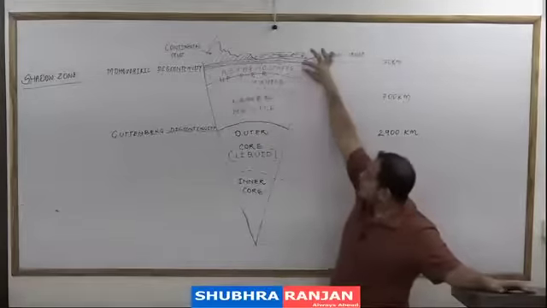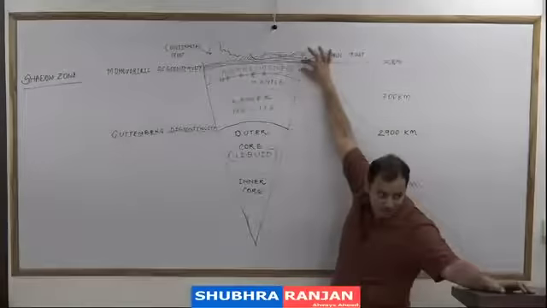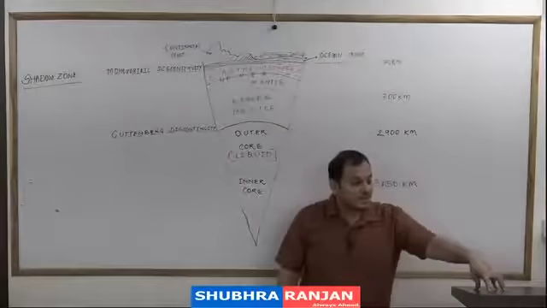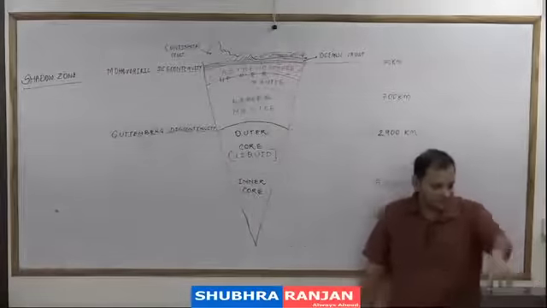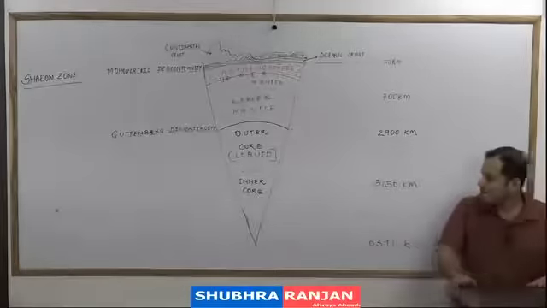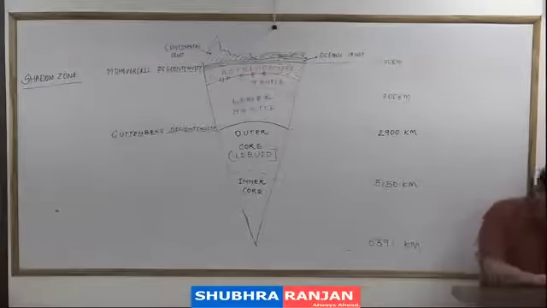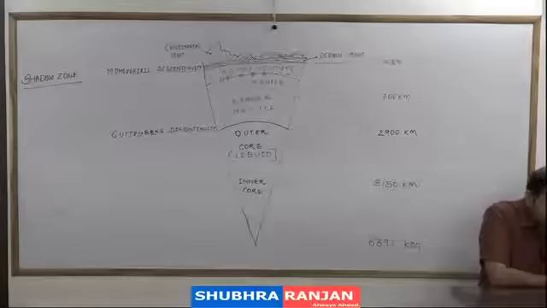फिर अपर मोस्ट मैंटल, अपर मोस्ट पार्ट ऑफ एस्थेनोस्फीयर एंड क्रस्ट, इसको हम प्लेट टेक्टोनिक्स में कहेंगे एज लिथोस्फीयर. दैट इज अ डिफरेंट थिंग. सो टेक डाउन द क्रस्ट. It is the uppermost part.